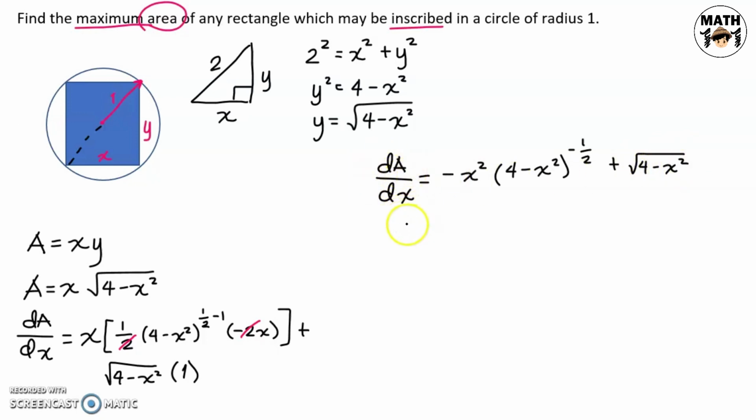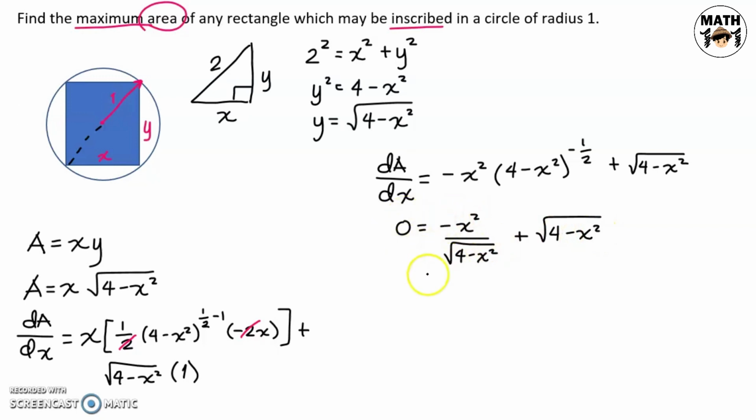Then we'll equate this to 0. Negative x squared over square root of 4 minus x squared. Binaba na natin siya since exponent niya is negative, plus square root of 4 minus x squared.